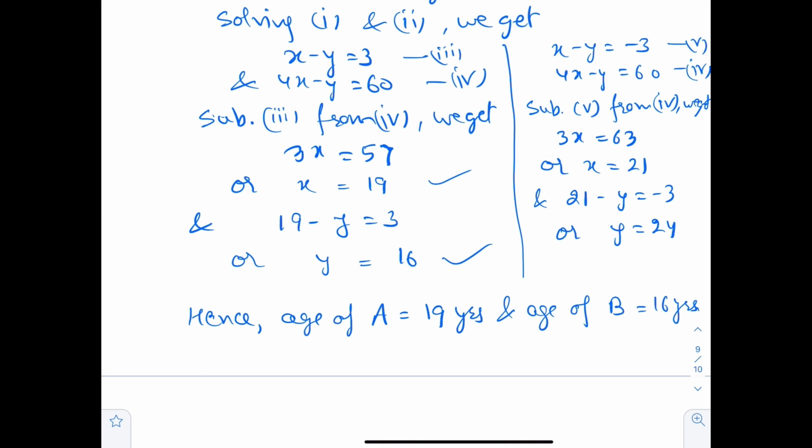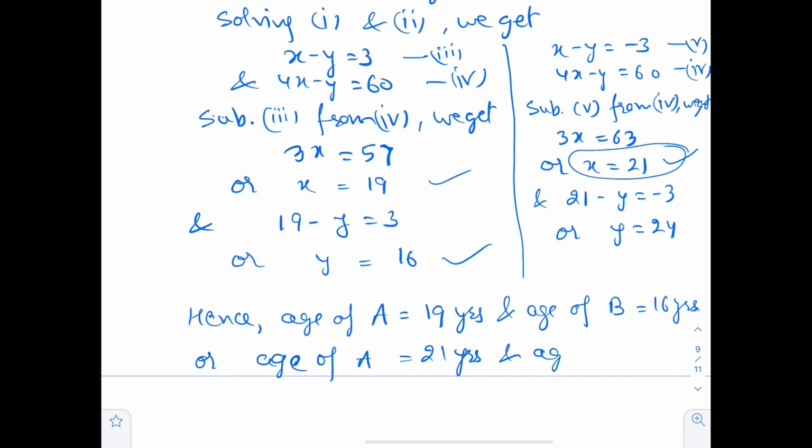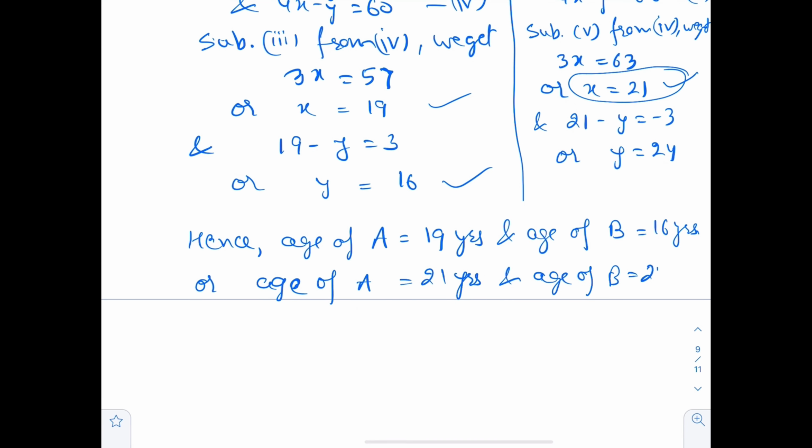This one is first case. और age of A equal to 21 years and age of B equal to 24 years. So we have two cases. In both cases, our condition is satisfied. So this is our answer.